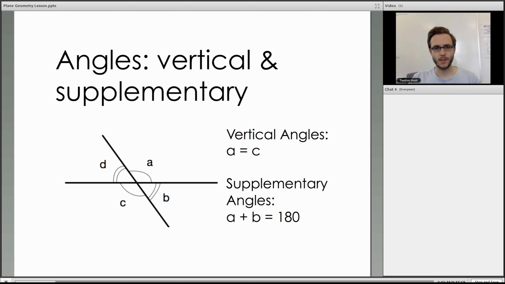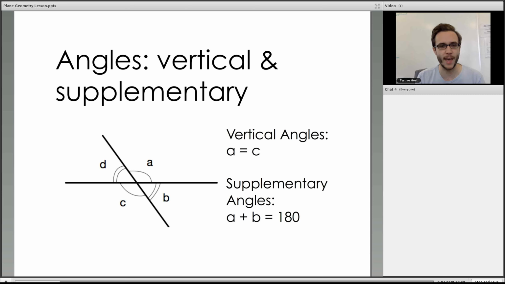Okay, what's next here? So angles, vertical and supplementary angles. We're going to take a look at two different kinds of angles here that you're going to see a lot of on plane geometry questions. You're going to see vertical angles. The way to think about it is they are across from each other. So you can see that they're across from each other and they are similar.